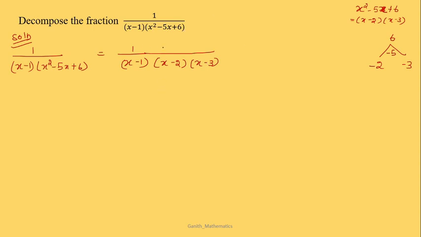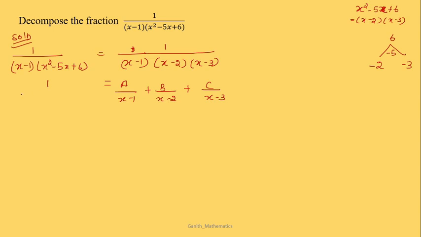Now we know that this is coming under the first type, right? So I can write it as a divided by x minus 1 plus b divided by x minus 2 plus c divided by x minus 3.